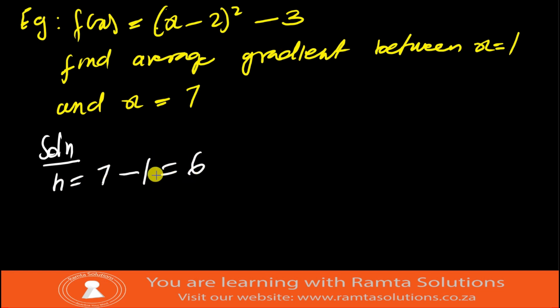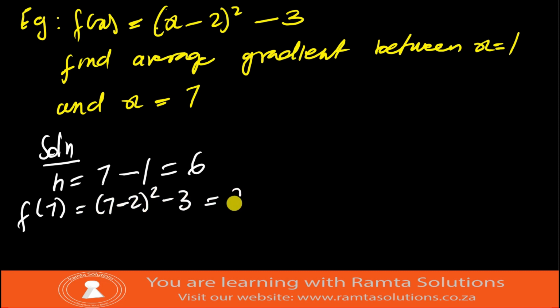Even if you don't find h, and calculate it the way you've always been calculating it, it's still okay. What is f of 7? F of 7 is 7 minus 2, all squared, minus 3. 7 minus 2 is 5, 5 squared is 25, minus 3 is 22.